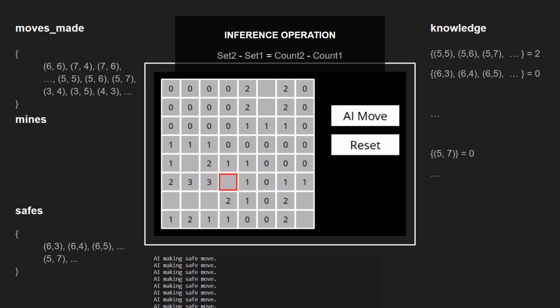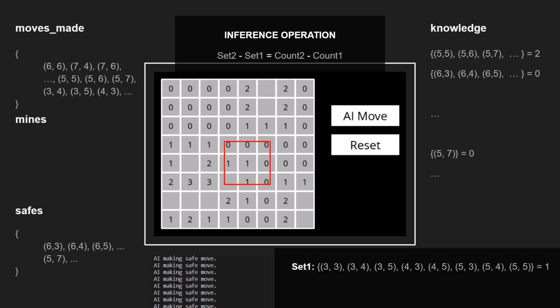But this inference operation can also be applied to identify the mines. For example, if we want to know if that position is a mine, we can take the neighbors from that position and create a new set. So we have all the neighbors that are equal to 1 mine, and we remove all the movements that we already did.